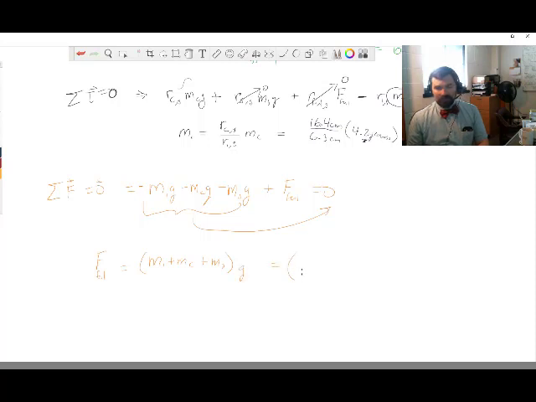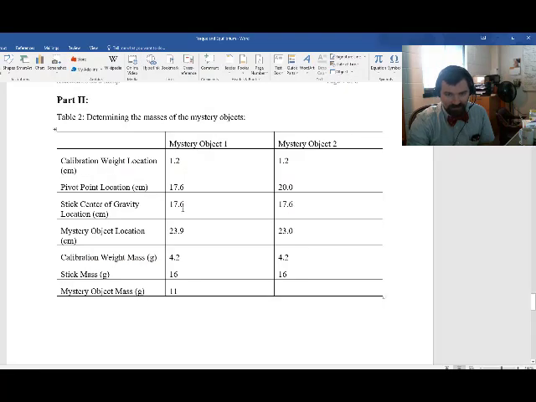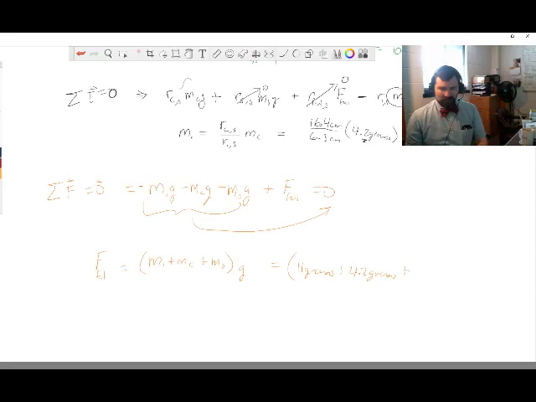And so M1, we just found, was 11 grams. MC was 4.2 grams. MS was what we found before, 16 grams, the mass of the stick.